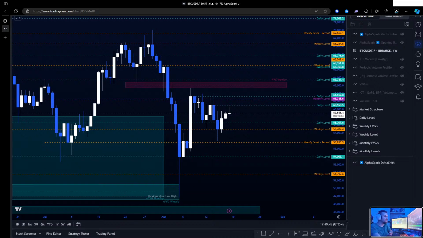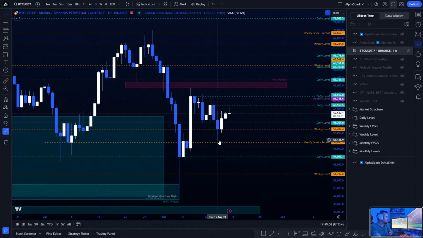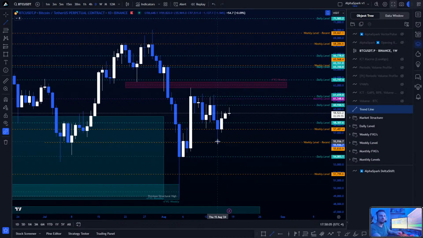Speaking of which, let me just check one thing. Yeah, I'll mention this in a second, but on the 30-minute chart on Exocharts, we do have stacked imbalances on this bottom. I'm gonna mark them out.